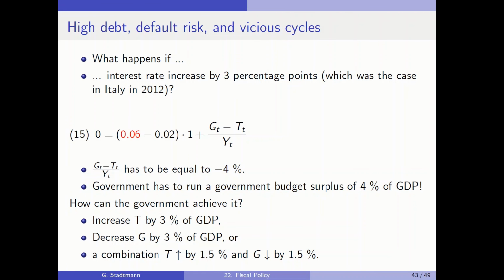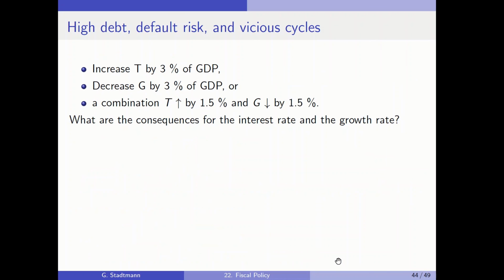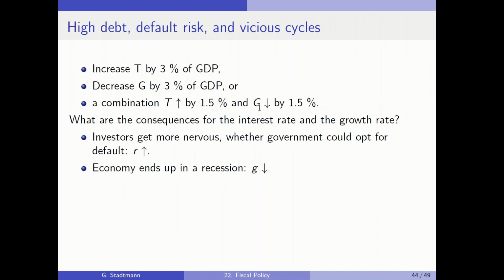But what are the consequences of this contractionary fiscal policy? What are the consequences for the interest rate and the growth rate in case the government implements this kind of contractionary fiscal policy? The investors will get more nervous whether the government could opt for a default.